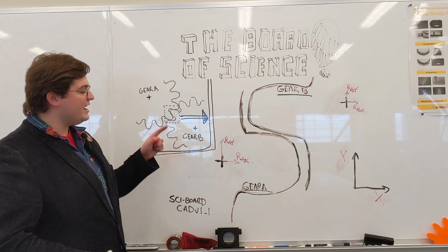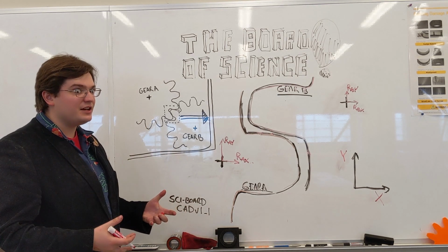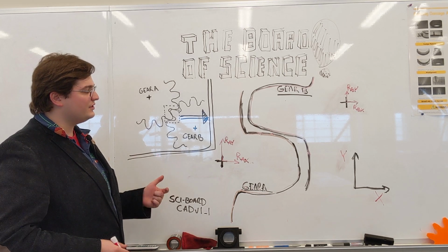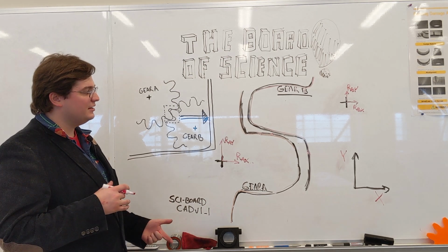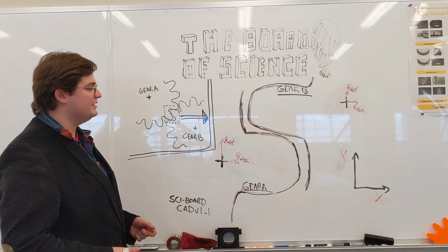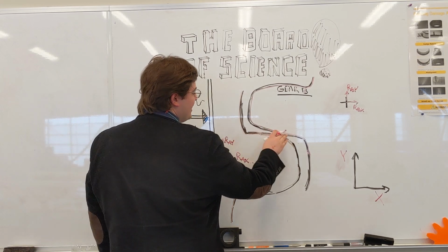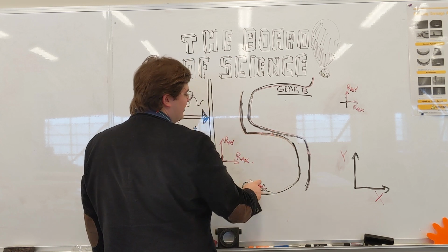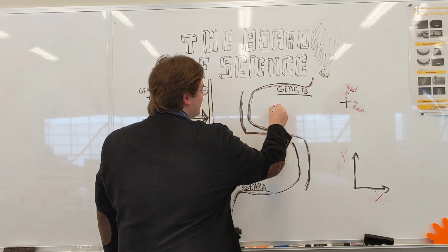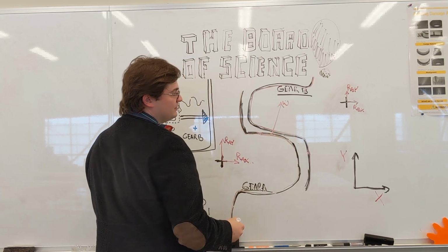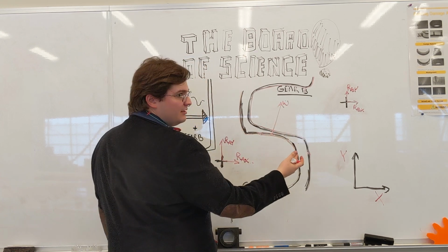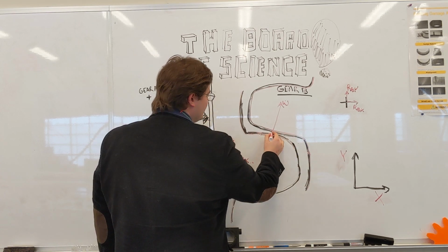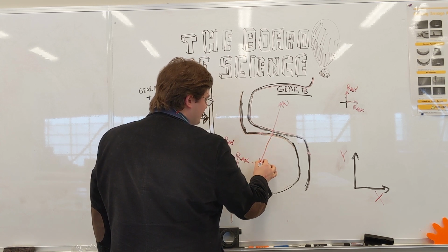Now, between gear A and gear B, we have some forces and interactions going on here. We know that a force of contact is going to act perpendicular to the area of contact. So we're going to look at our area of contact right here, and we're going to draw a force perpendicular to it. So we're going to have gear A acting on gear B for a contact force W. Now we know that gear B, therefore, is going to exert an equal and opposite force on gear A. So we're also going to draw another W here.